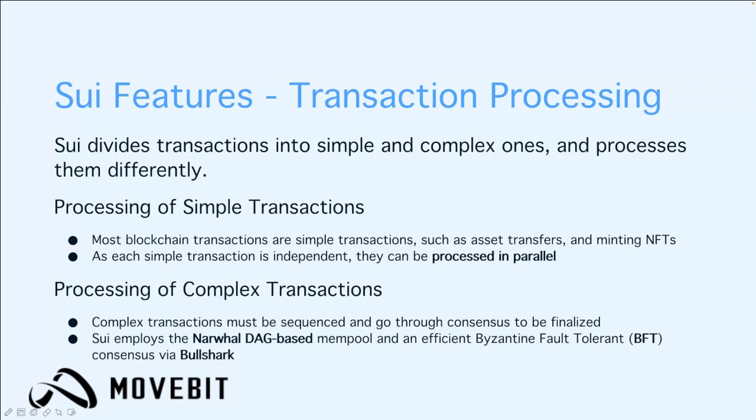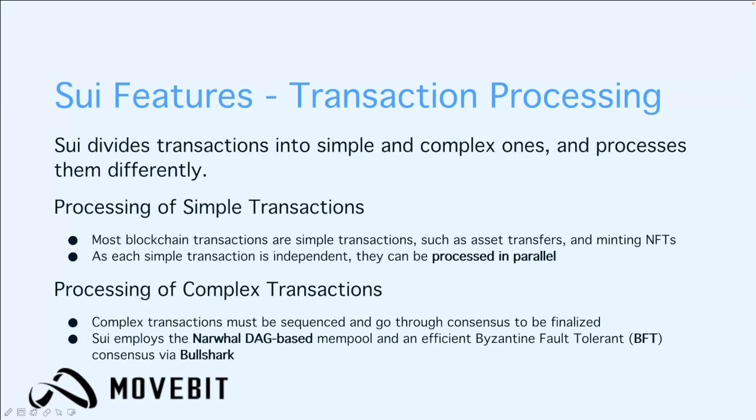And when we talk about processing different transactions, when it comes to the simple transactions, actually, most blockchain transactions are simple transactions, such as asset transfers and minting NFTs. And as those transactions are simple, or in another way, independent, they can be processed in parallel.